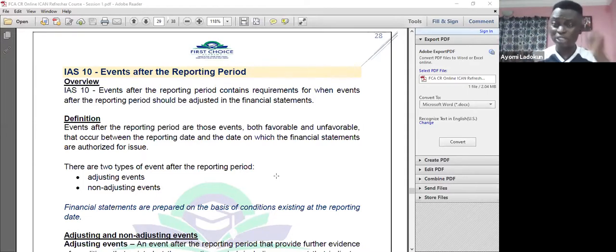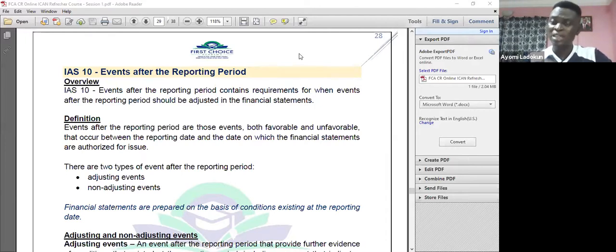For example, after I prepared my accounts, let's say my accounting period is 1st January 2019 up to December 2019, and in January or February 2020 I dispose of a major subsidiary. I sell it off. That is an example of a non-adjusting event because the sale did not exist at the balance sheet date. It is indicative of a condition that arose after the end of the reporting period.